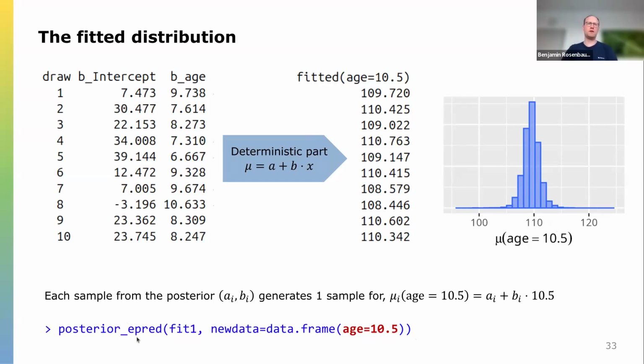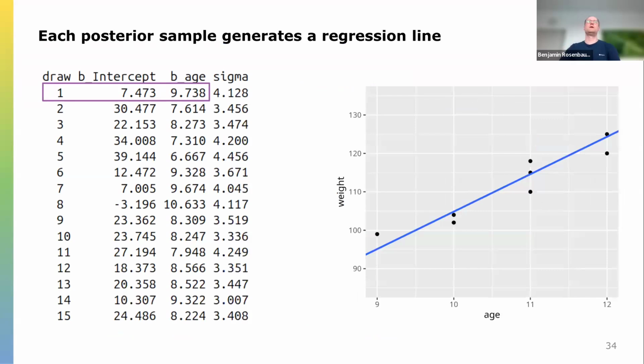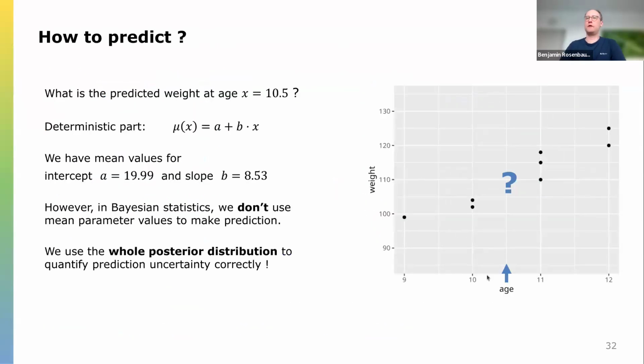This is for, I think, expected prediction. By specifying some predictor values, you will get these values here, and you can look at the histogram. So this was just for one data point, so for age equal 10.5.